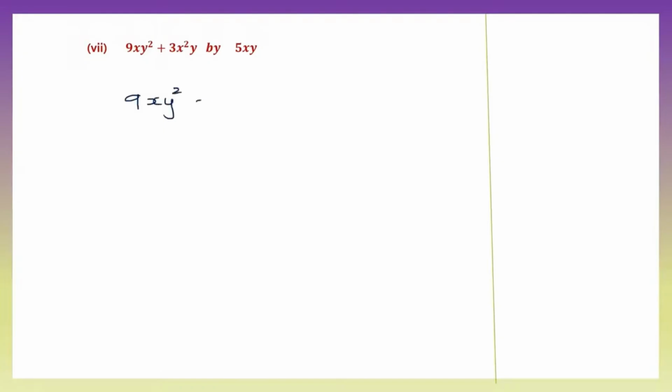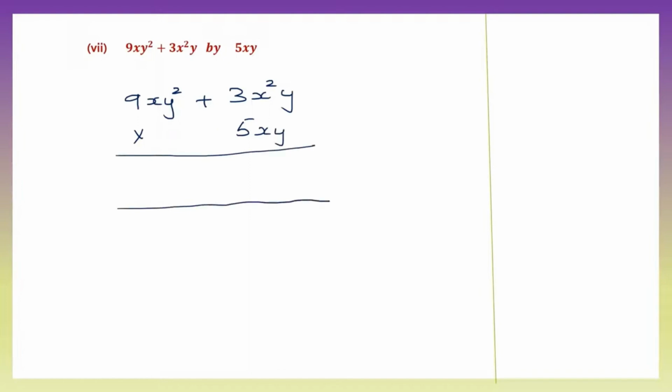Question 7. 9xy square plus 3x square y. Multiply this by 5xy. Let's do this carefully. So let's take 5xy and 9xy square. So 5xy into 9xy square. Take the numbers 5 into 9. Then the x, we have x into x.